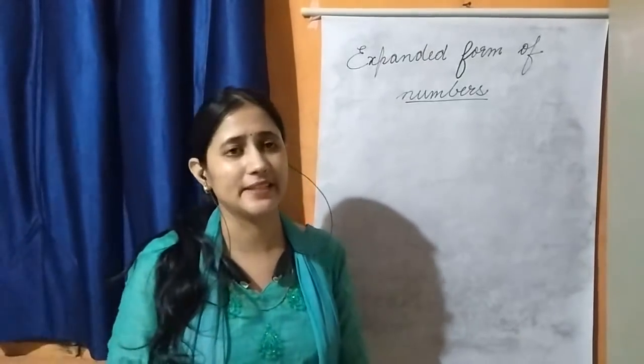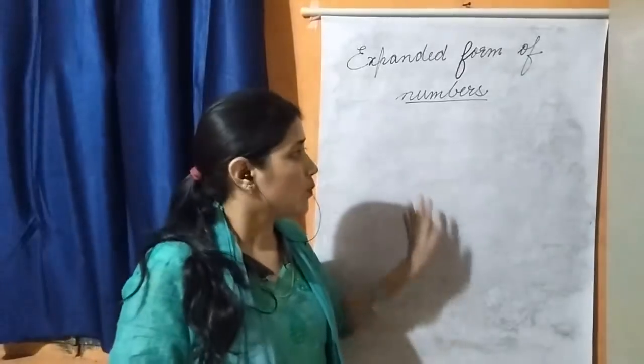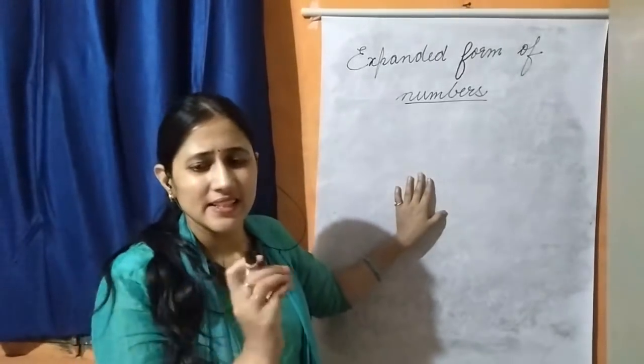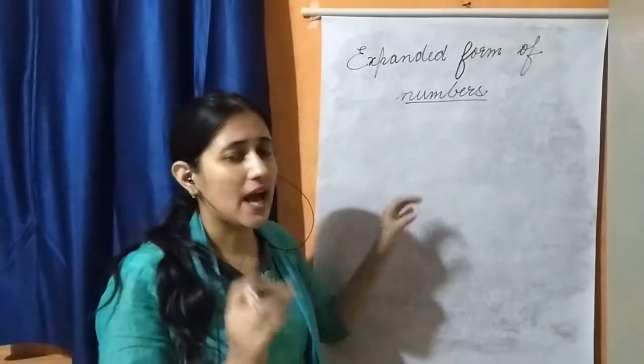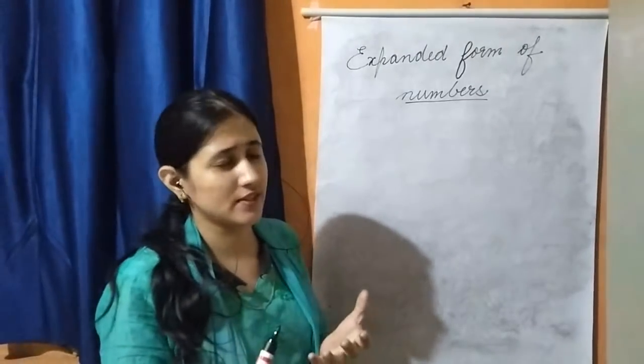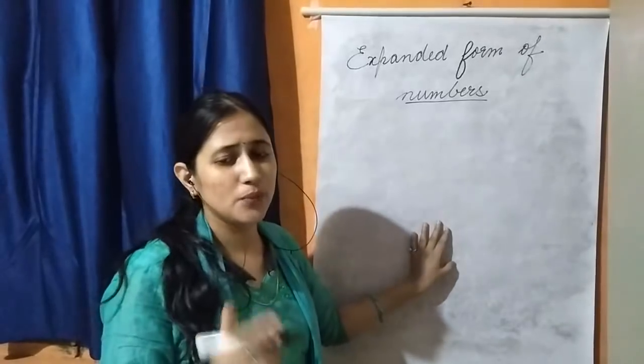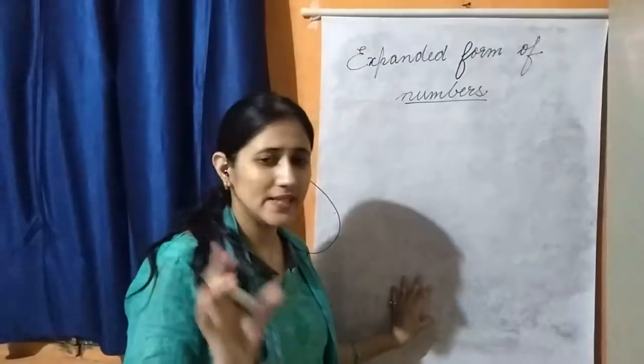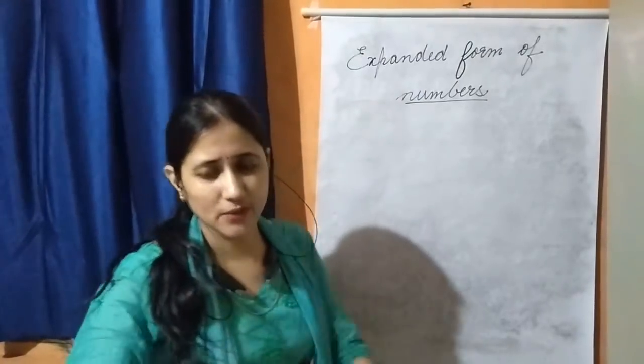Please underline it. But what definition I am going to give you here is a little different from that. I have improvised the definition a bit to make the topic more clear. Okay, so please write that definition which I am going to give you.